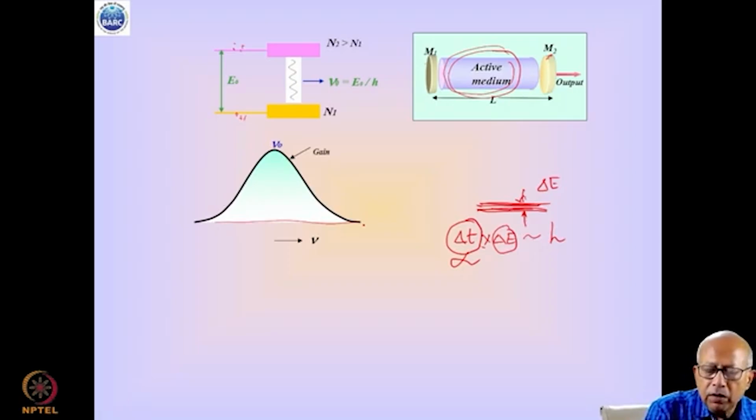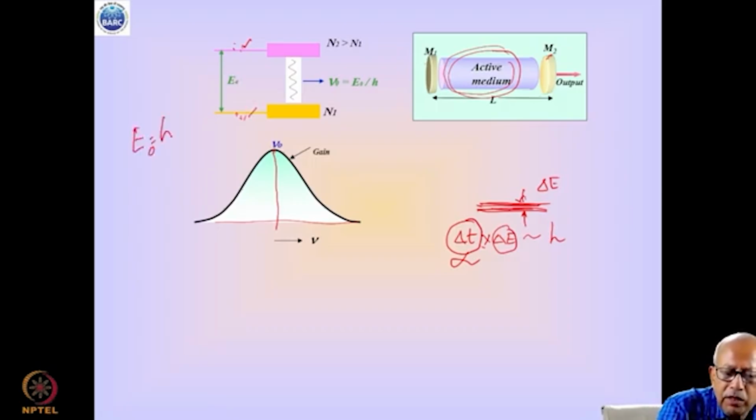Of course, the gain is maximum at the central frequency, which is called the line center. Line center is basically the frequency corresponding to this energy value, which, if it is E0, is the energy difference between the excited state and the lower energy state. If it is E0, then E0 is equal to h nu 0. So nu 0 we call the line center frequency.